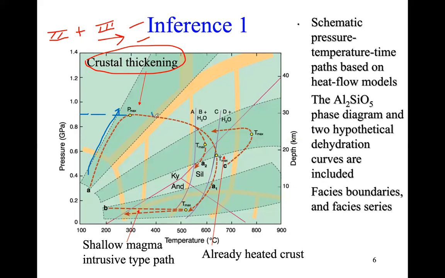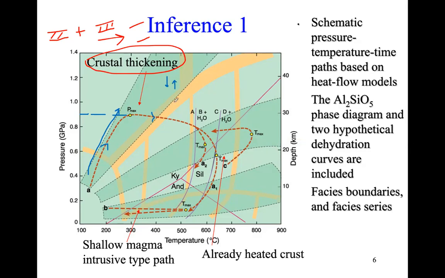The temperature has been increasing gradually. The pressure is also showing some change, but that change is not increasing pressure, it is slightly decreasing pressure while increasing the temperature, right? Slight decrease of pressure while increasing the temperature.